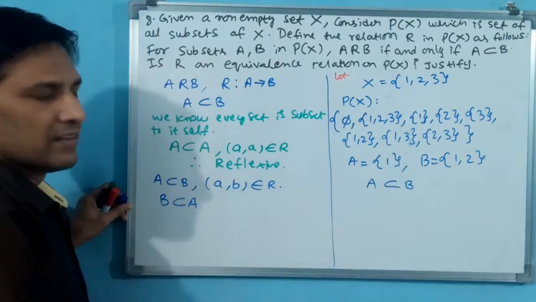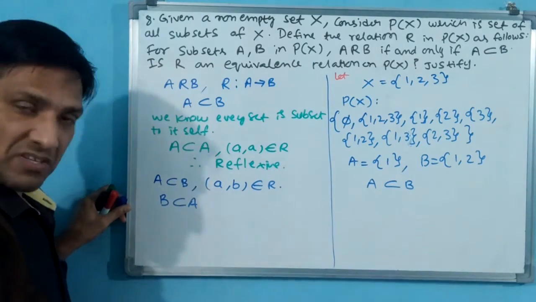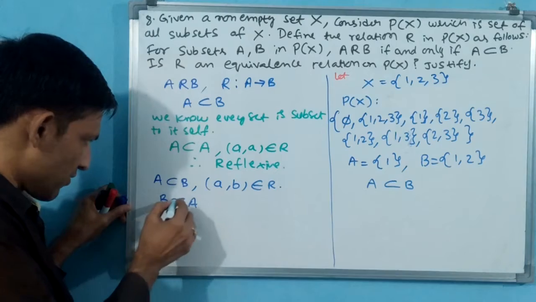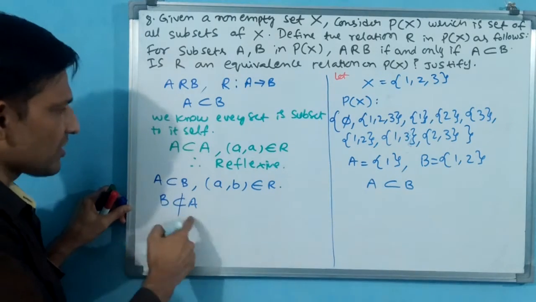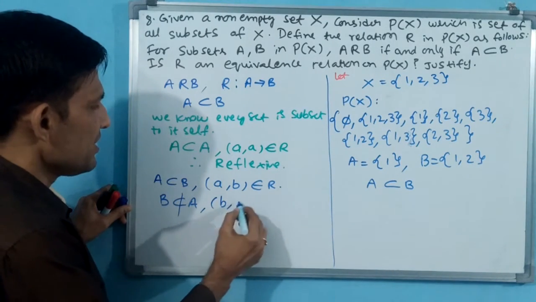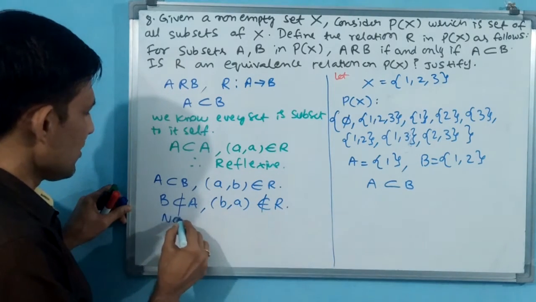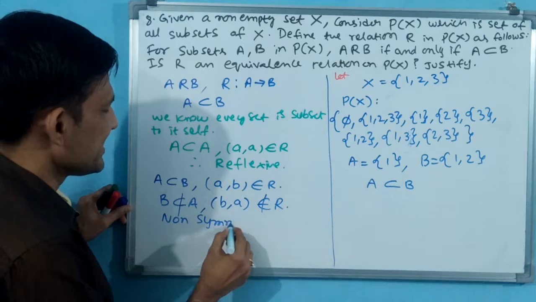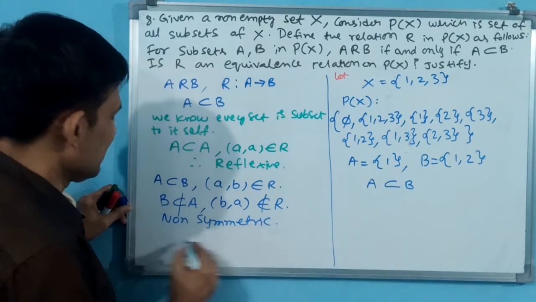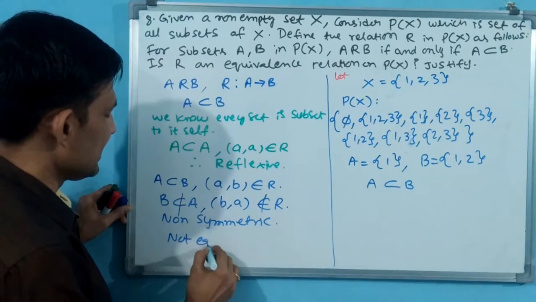You see here, B is a superset of A, not a subset of A. Then what you have to write? You have to cross like this. B is not a subset of A. That means (B, A) does not belong to R. That means non-symmetric, not an equivalence relation.